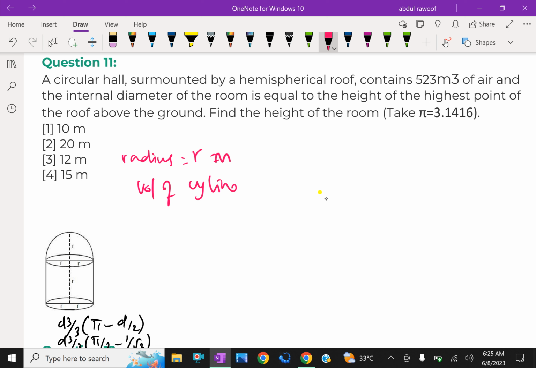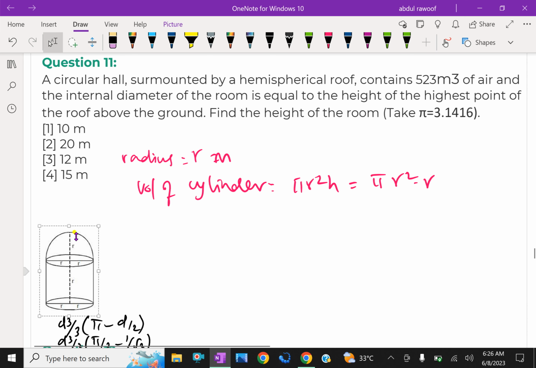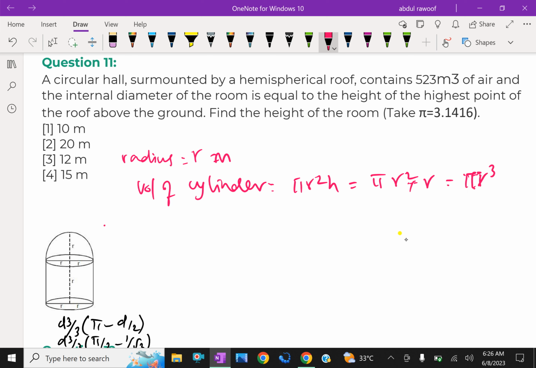Volume of cylinder equals pi r squared h, which is equal to pi r squared. h is equivalent to the radius of the hemisphere, same h and r are equal here, so we put h as r, which is equal to pi r cube, and the volume of the hemisphere is 2 by 3 pi r cube.